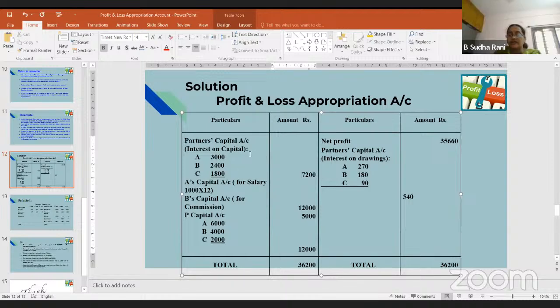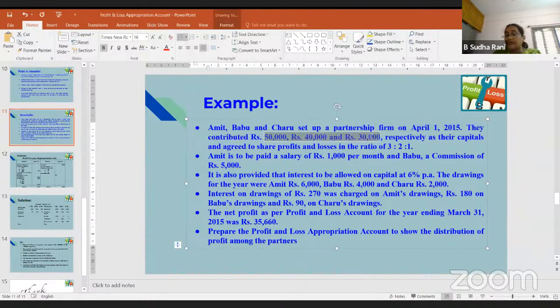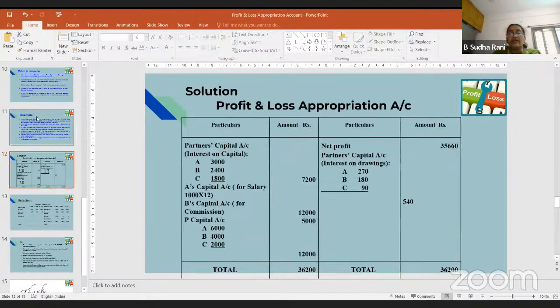So like that, after taking every piece of information from the question given, see, we took capital, we didn't take capitals. Remember, he will give the capital amount and he will give you the drawings amounts. But capital and drawing amounts will not appear in the appropriation account. We take only the interest that is calculated upon them. Remember, never ever take capital or drawings in the profit and loss appropriation account.